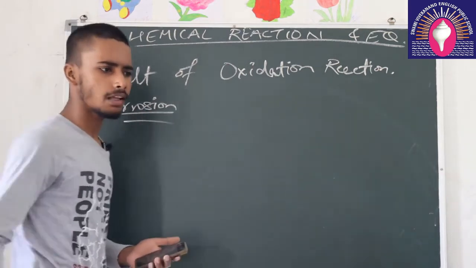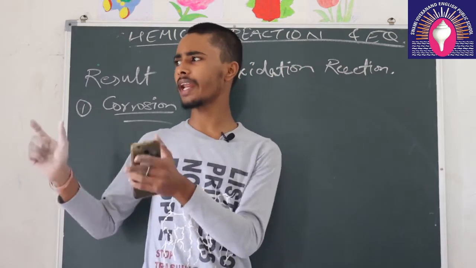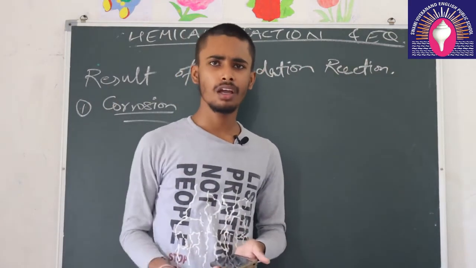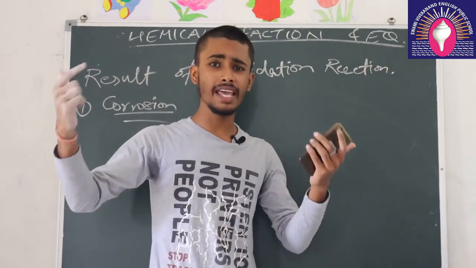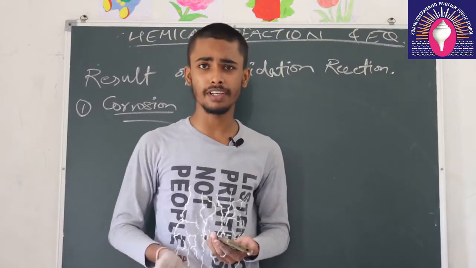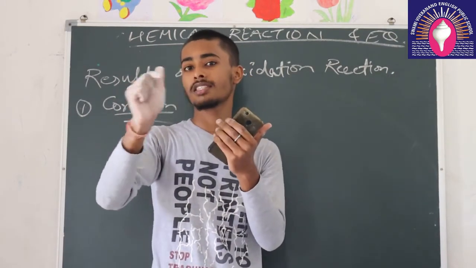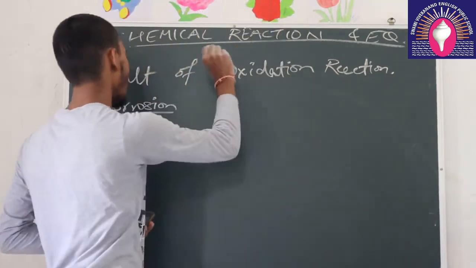You all must have seen the rusting of iron. When we put an iron rod in the atmosphere for a long time, the iron rod is attacked by moisture, acid and many agents of the atmosphere, and it gets a yellow or brownish cover on it. That is known as rust.